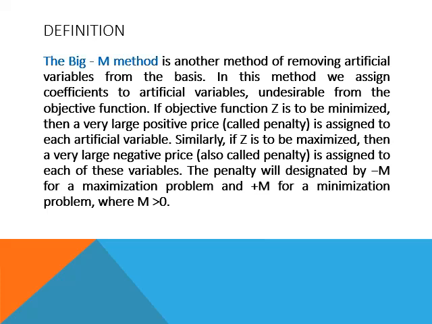The big M method is another method of removing artificial variables from the basis. In this method, we assign coefficients to artificial variables that are undesirable in the objective function.